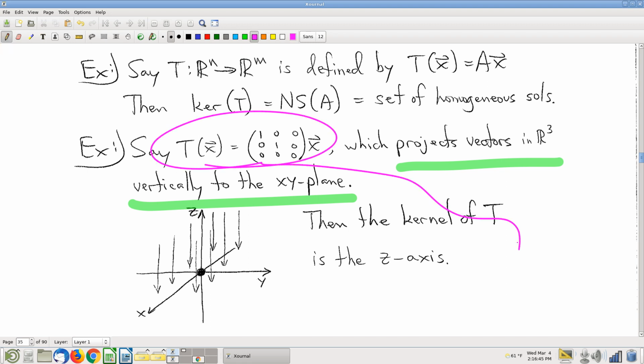Rewrite this as T of x, y, z equals, and then we'll just multiply this out, and what you get is x, y, 0. So what this function does is it throws away the z coordinate. You might say geometrically what this function does is it smushes everything down, projects, smushes, whatever you prefer, smushes everything into the xy plane.